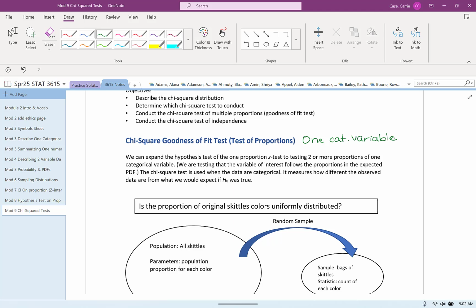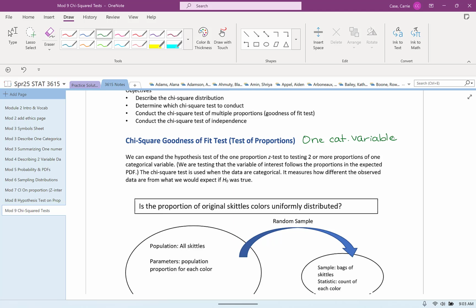By the way, this is what R was doing when we did the one proportion hypothesis test, but this is not a test that I can easily show you by hand without first showing you the normal Z test. And so that's why we start with the Z test. So we can expand the hypothesis test of one proportion Z test to testing 2 or more proportions of one categorical variable.